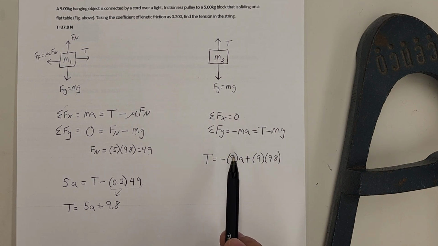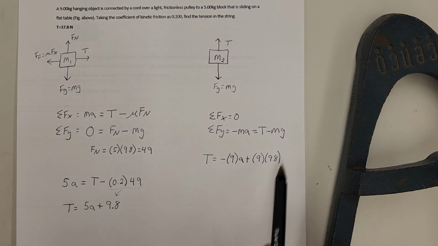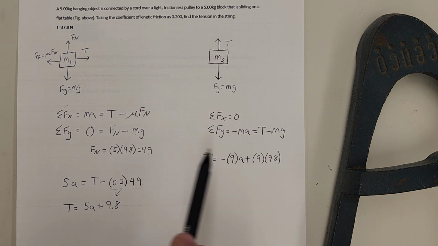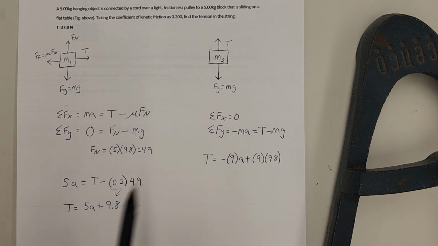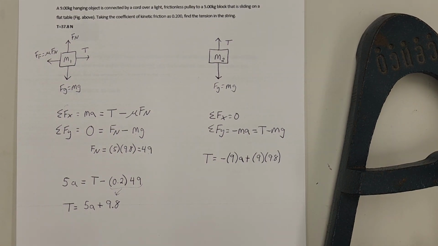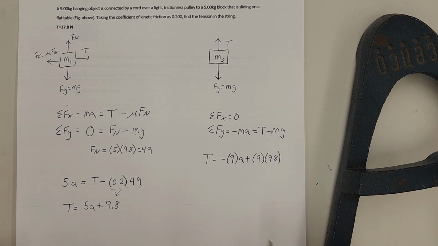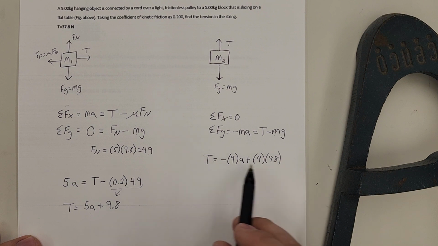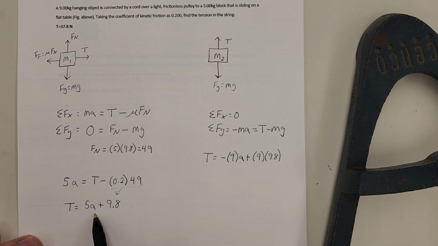So what I'm going to do is solve one of these equations for a, and then I'll plug it into where a is. Then I'll only have t's, and I can solve for t. So I'll rewrite this one here for a, and then I'll plug in a over here.